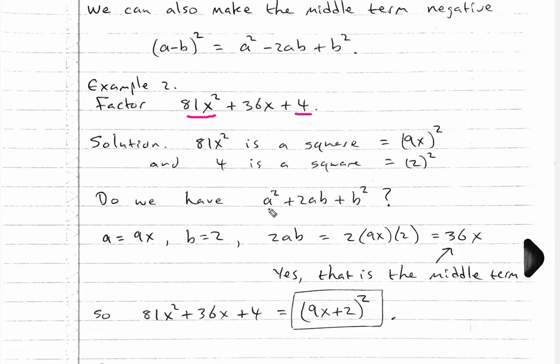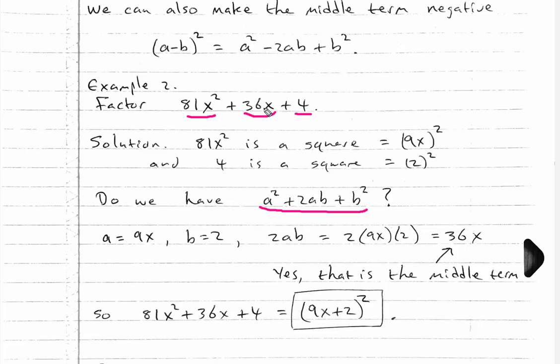Now, do we have the template we're looking for? Well, we have to check the middle. Do we have 2 times 9x times 2 in the middle? This is 36x, and that's what we have.